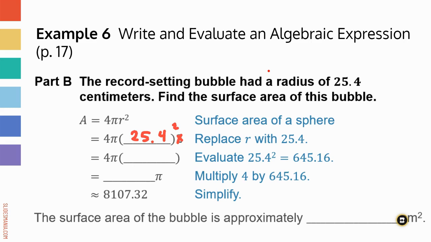I'm going to use my calculator to get my answer because I know what 25 squared is, but I don't know what 25.4 squared is. Okay, so when I calculate 25.4 squared, I get 645.16, which I actually did know because it says it right there.